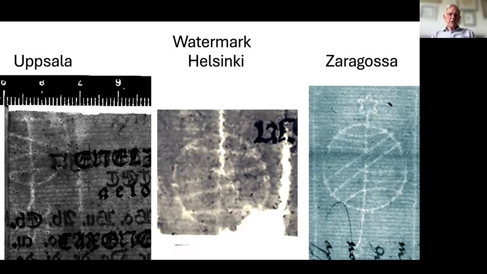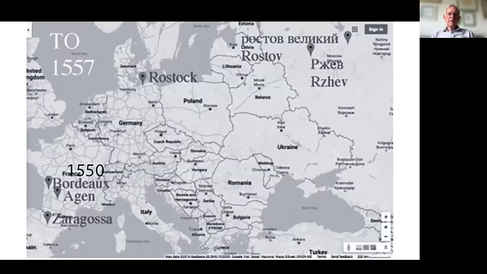Similarly, it's intriguing to see the watermark, and in the Uppsala case on the left, it's what's known as an armillary sphere. And that has also been found in the same book in Helsinki. And I found the same paper recorded in Zaragoza in Spain. Now, the significance of this is that the paper was produced in France, as shown there.